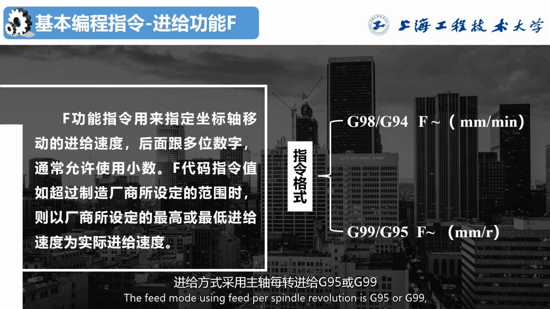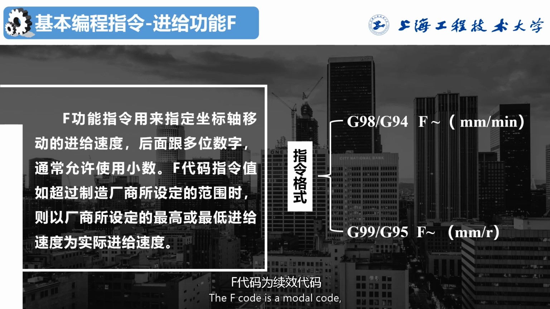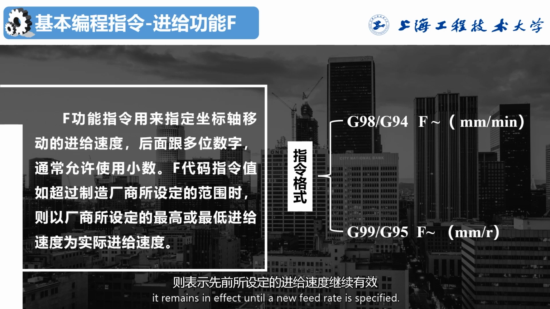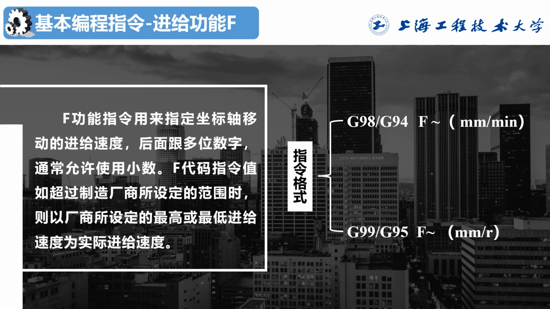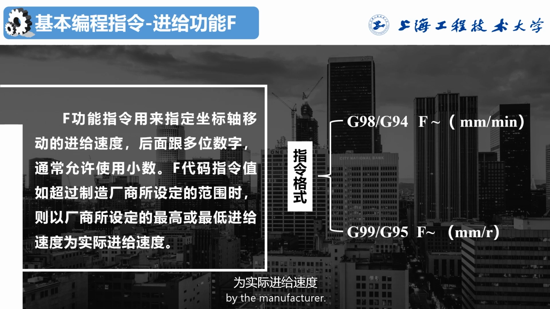The feed mode using feed per spindle revolution is G95 or G99, with the feed rate unit in millimeters per revolution. The F code is a modal code, meaning that once it is set, it remains in effect until a new feed rate is specified. If the F code value exceeds the manufacturer's specified range, the actual feed rate will default to the maximum or minimum feed rate set by the manufacturer.